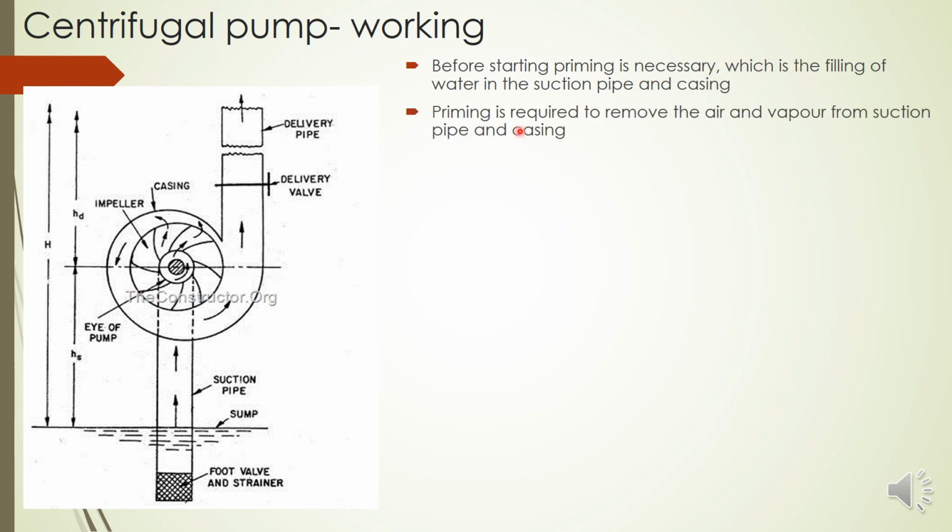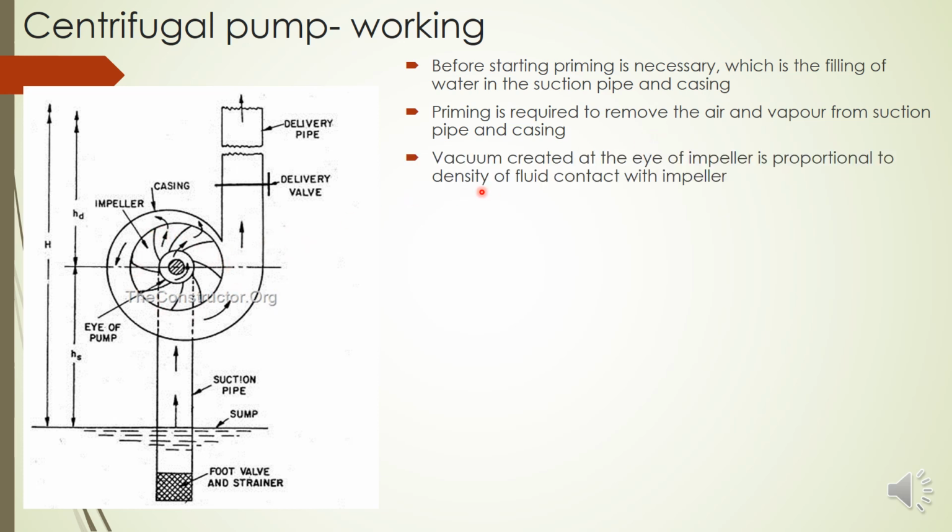And why is it required? Because we want to remove the air and other vapor from the suction pipe and casing. So no air must be there. If you are filling water, you can ensure that it is full of water and no air is present. And what happens if air is present or water is not there? It's because of the vacuum created. In the initial phase, we will be creating a vacuum at the eye of the impeller for sucking water.